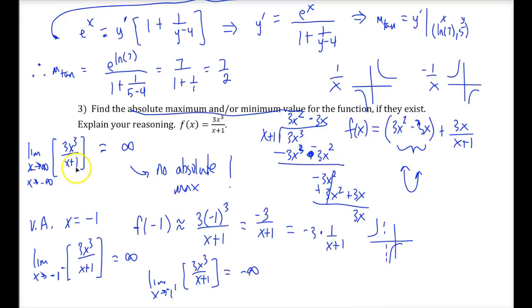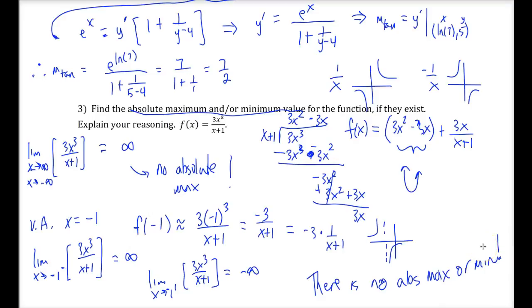And we also know from what we saw earlier that as x approaches positive and -infinity, because of the oblique asymptote that we have, it's going to go up to positive infinity itself. So in this case, we would say that there is no absolute max or min.